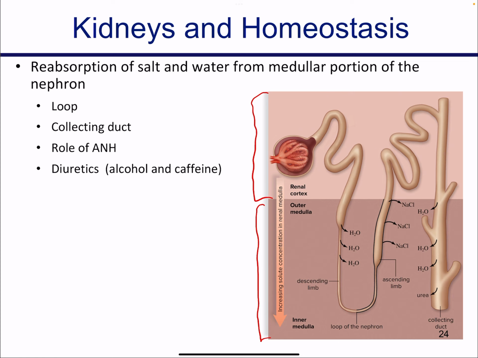Now, the major filtration first happens here in the glomerulus that is located in the cortex area, right? Then we're going to have some reabsorption that is going to happen here, and excretion is also going to happen there. Now, here as well, we're going to have some reabsorption and excretion that is located there.